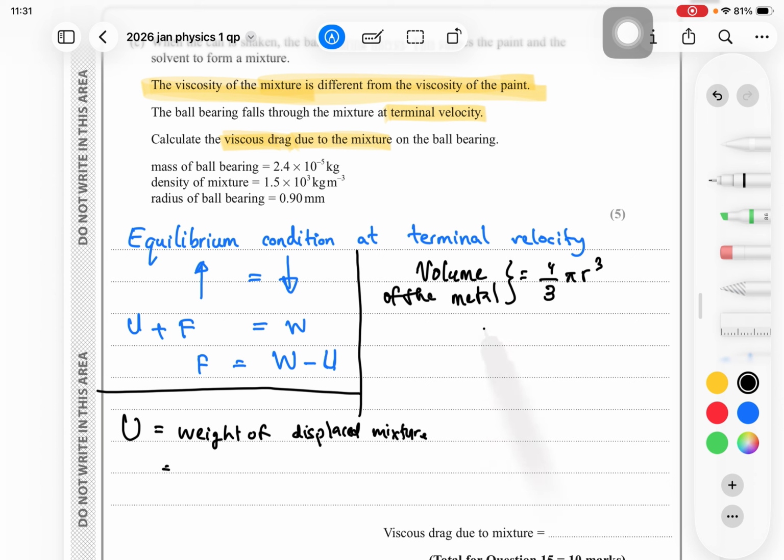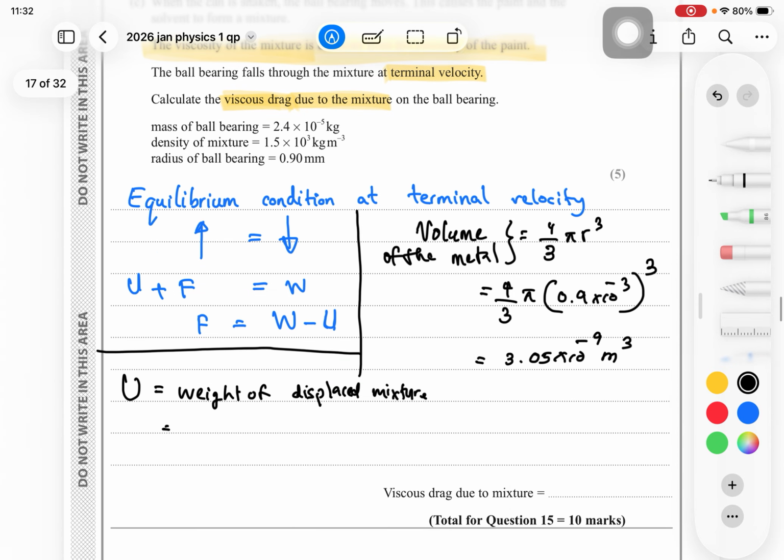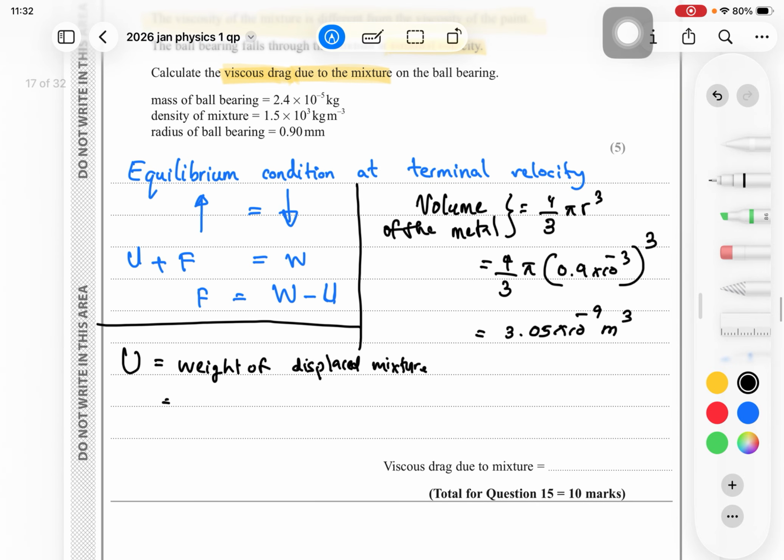So with that, we will have 4 divided by 3 times pi, and our radius of the ball bearing is given, (0.9 into 10 to the power negative 3) to the power 3. Okay, so once we get this, we get our answer as 3.05 into 10 to the power negative 9 meter cube. Okay, we got the volume of the ball bearing.